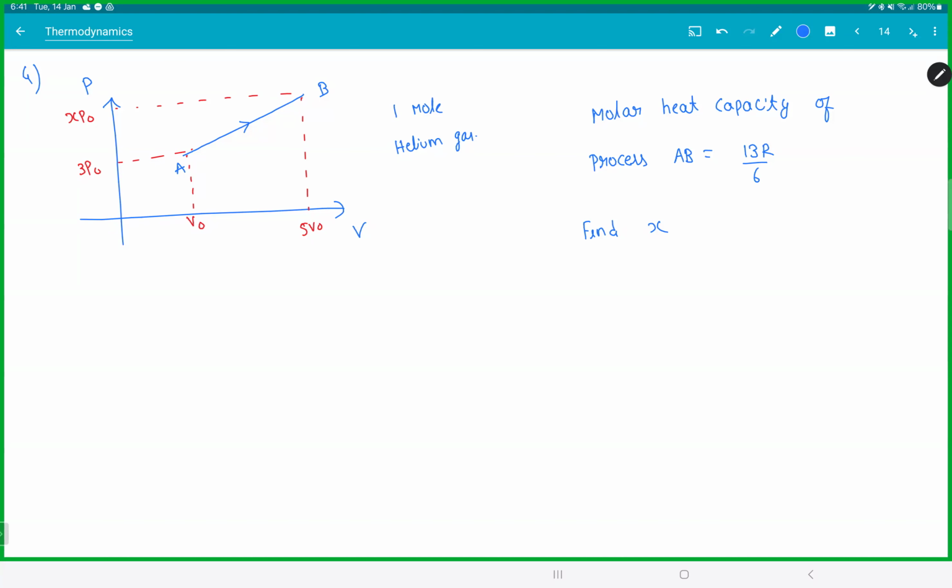It is X into P naught, some number into pressure. Get this, get this. This will be a good advanced integer question.